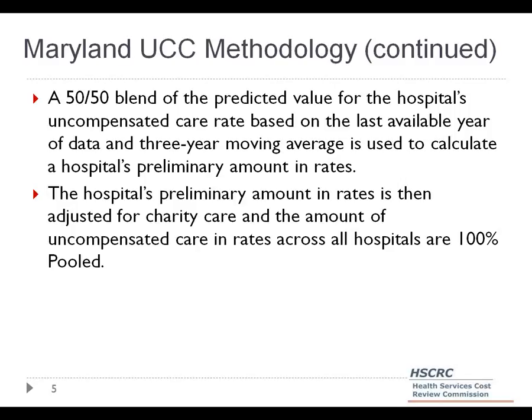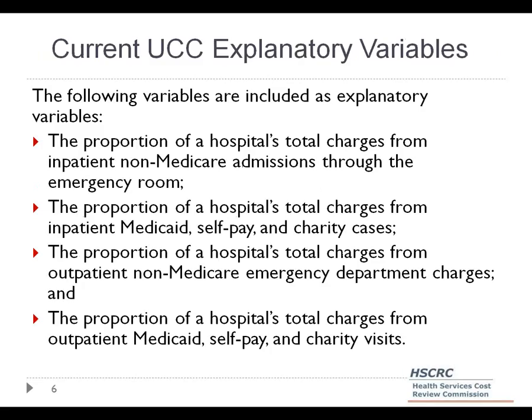Currently, and I'm moving on to the next slide. Currently, the variables used in the regression calculation. The first variable is the proportion of the hospital's total charges from inpatient non-Medicare admissions through the emergency room.